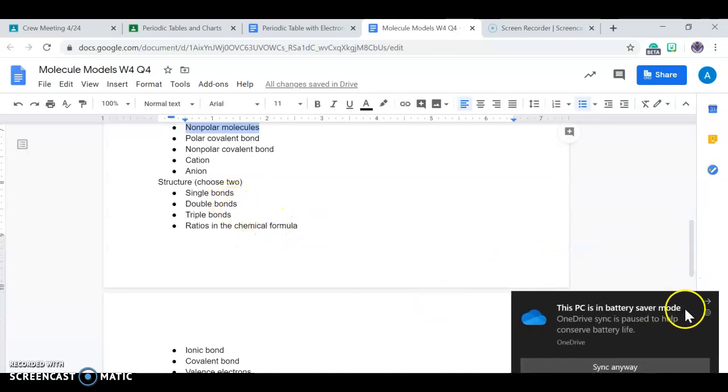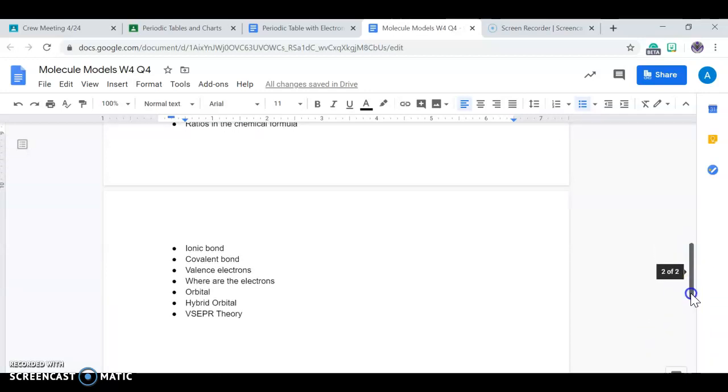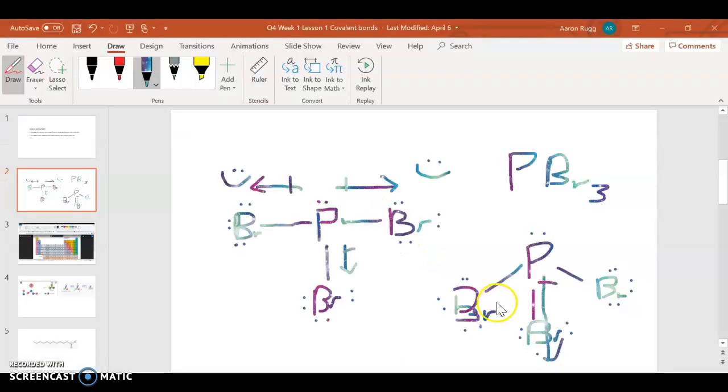Single, double, triple, right? We have no triple bonds. They're all single bonds. So a single bond in a covalent molecule is going to be 2 shared electrons. So you could talk about that. All right. VSEPR theory. You could talk about VSEPR theory, why it bends into the shape, because of these lone pair electrons on phosphorus.